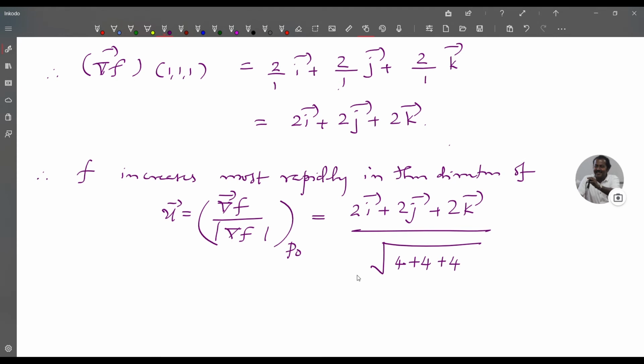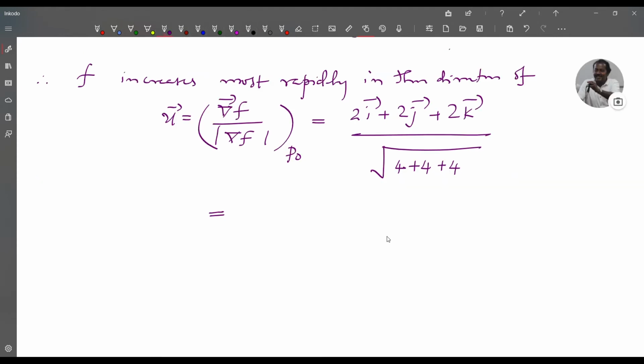So that is equal to 2i plus 2j plus 2k divided by square root of 3 into 4.